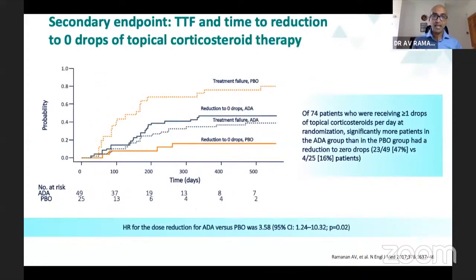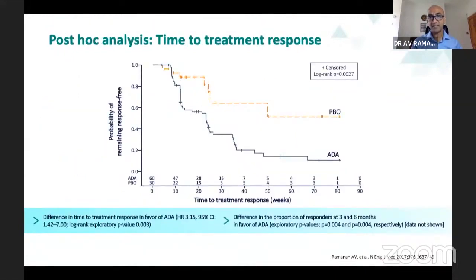And most of us aim for, although we rarely achieve it, no cells and no drops. And so this is demonstrating the ability to reduce to 0 drops in the adalimumab group compared to the placebo group. So really demonstrating that adalimumab is effective. And even in the 25 to 30% of placebo patients who had a response, probably to sustained methotrexate, it took an incredibly long time.